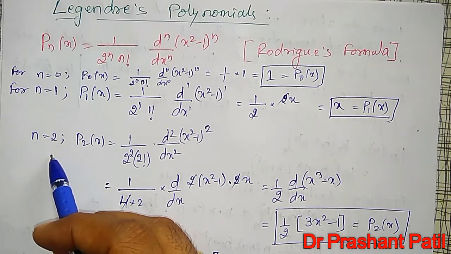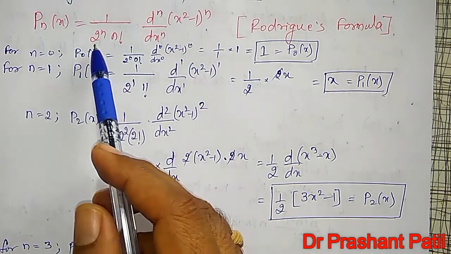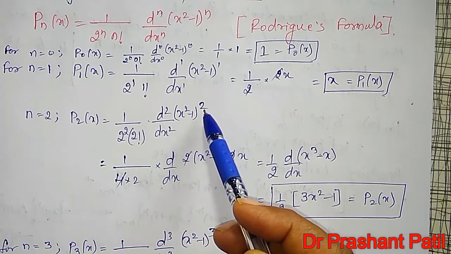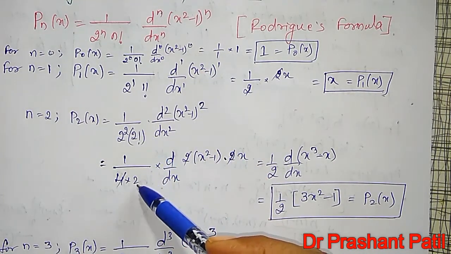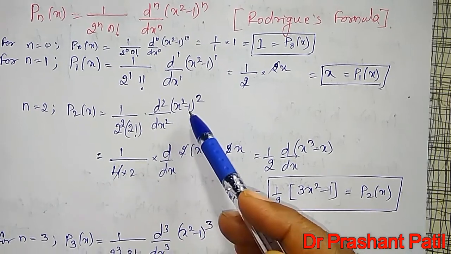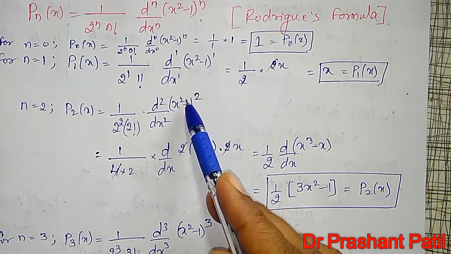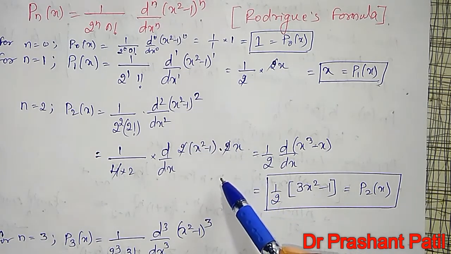Like that, for n equal to 2, P2 of x is equal to 1 by 2 to the power 2 into 2 factorial, the second derivative of (x square minus 1) raised to 2. That is 1 by 4, and 2 factorial is 2. The first derivative of (x square minus 1) raised to 2 will become 2 into (x square minus 1) into the differential of x square minus 1, which is 2x.